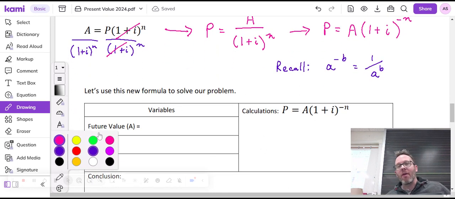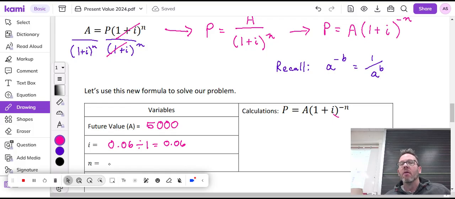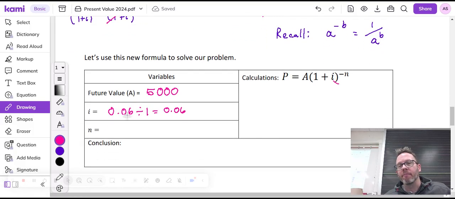So let's verify that using the negative exponent gives us the same answer. Can you guys pop in your 5,000 for your future value? Our i is the same values as the Asher question. I'm going to continue to write divided by 1 just to be consistent. And then it's 5 years, but annually, so I will multiply by 1.